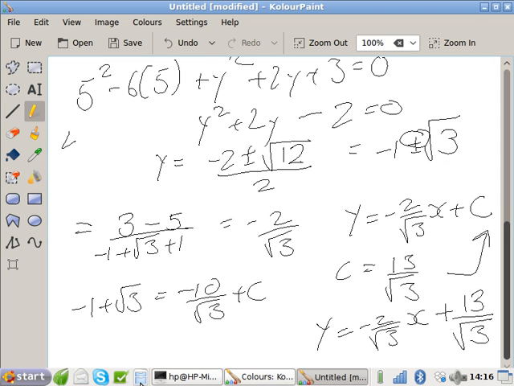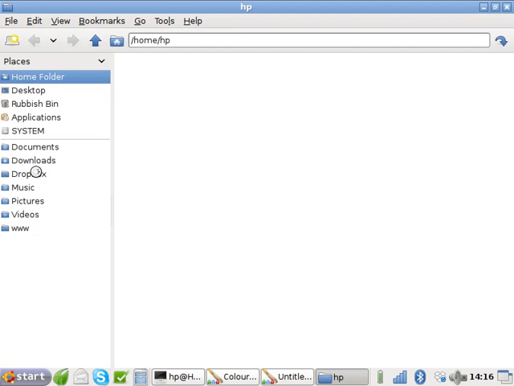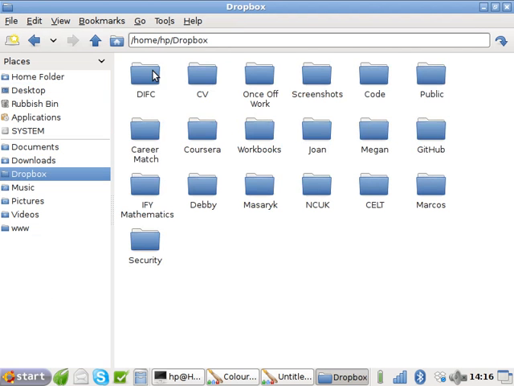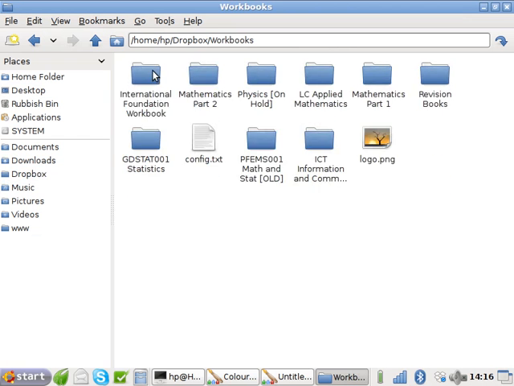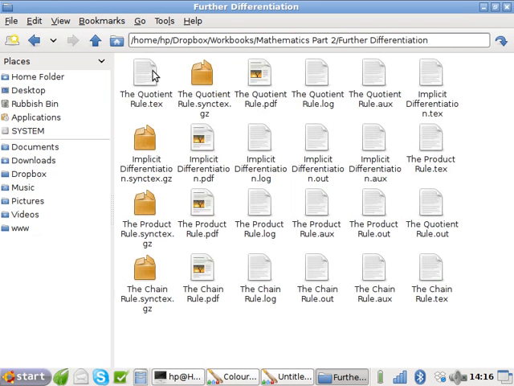Let me fix it. Maths part 2. Further differentiation, and then implicit.